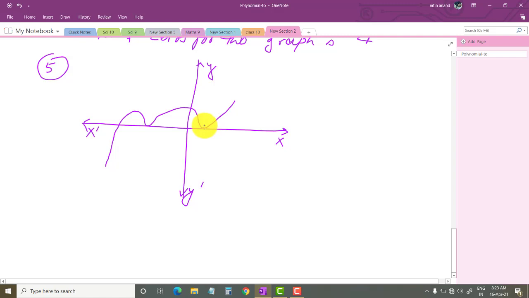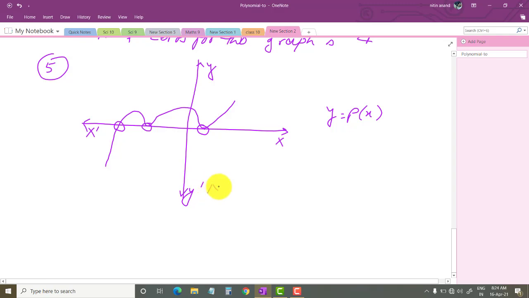Clear? Then see, the number of zeros for this graph y equals p(x). How many times does this graph intersect or touch our x-axis? This is the second touching point and this is the third touching point. So the number of intersecting or touching points of this graph is 1, 2, 3 times.